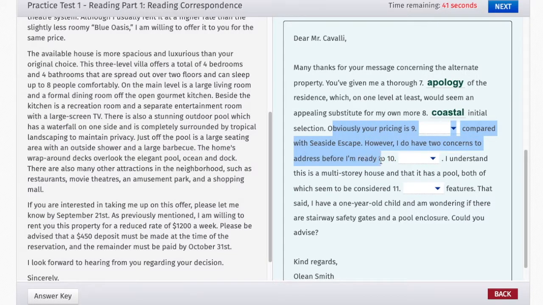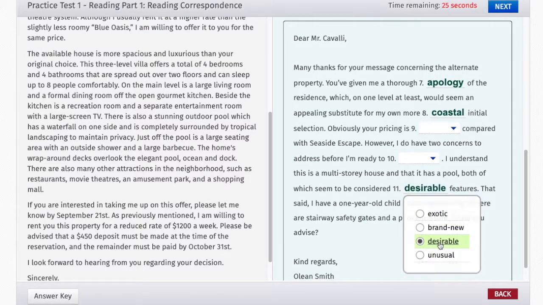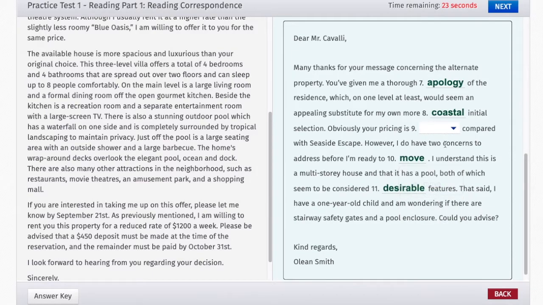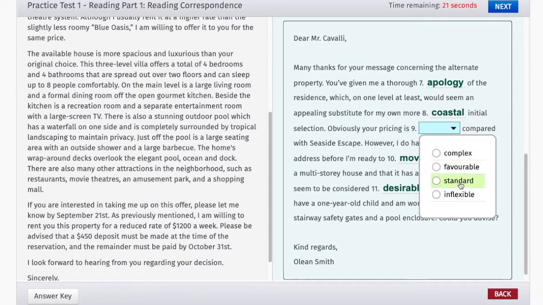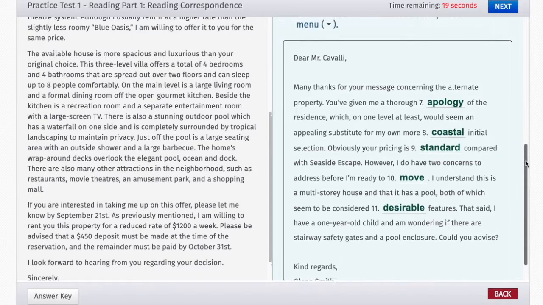That's the important part. And then you see here, my time is winding down. I'm at 30 seconds. So at this time, I should check all my answers and make sure that I have something there.